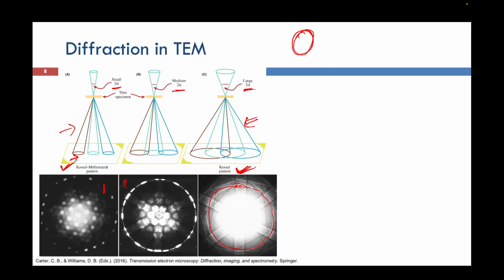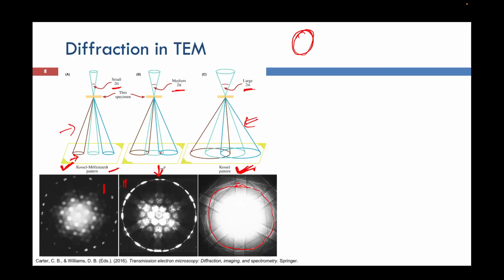In the Kossel-Möllenstedt pattern, there is a subset where the cones are neither extremely overlapping nor completely distant from each other. That means only a small part of a cone overlaps with the other cone. That is also known as the Kossel-Möllenstedt pattern, and that is the optimum case that we can reach in CBED, that means convergent beam electron diffraction.